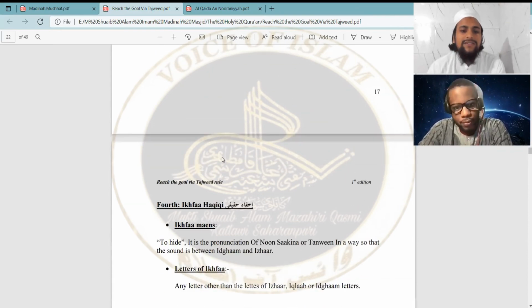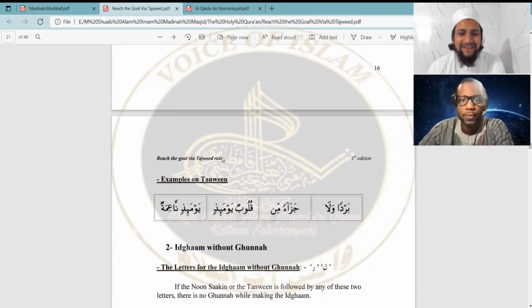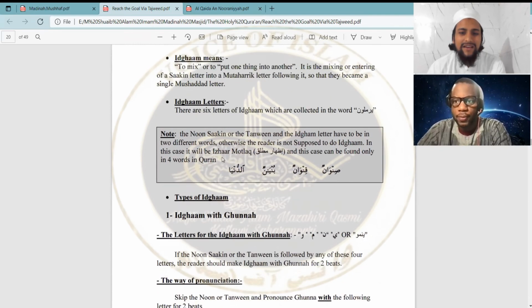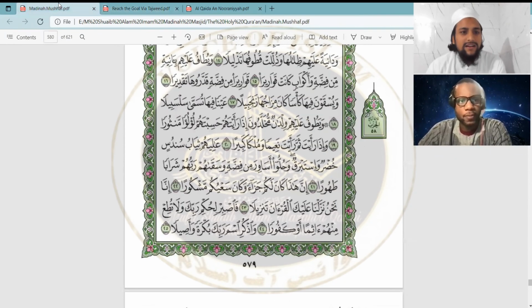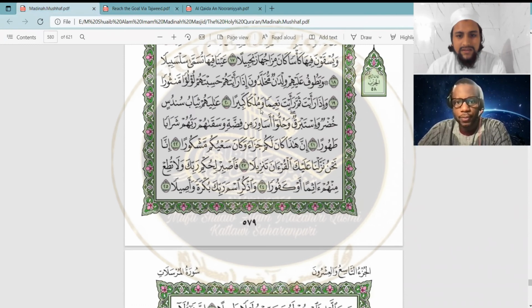Alhamdulillah. So this was the rule of idgham, mostly used in the mushaf and in the Arabic language. Okay, so now let's move on. Our recitation was the ayah na'ima wa mulkan kabira.